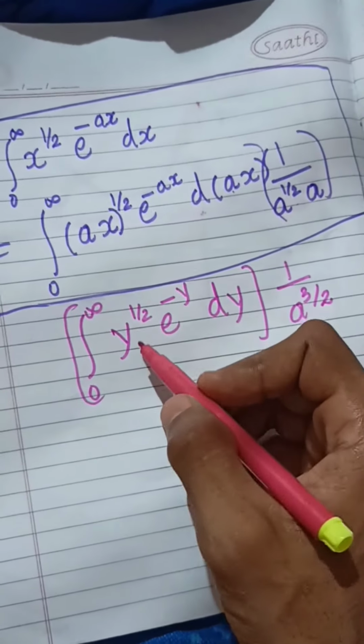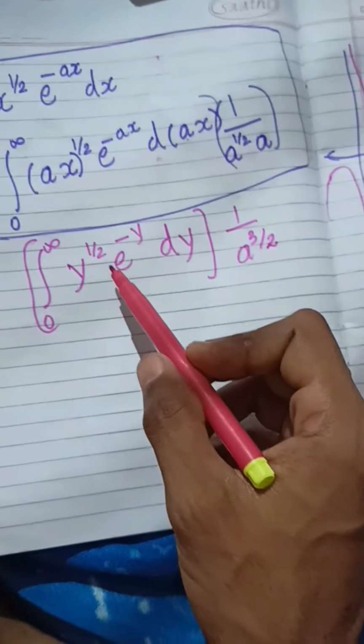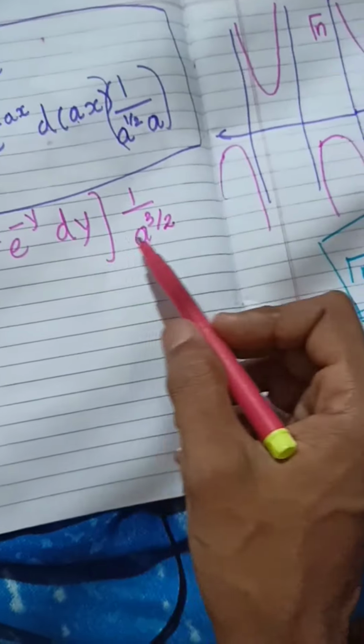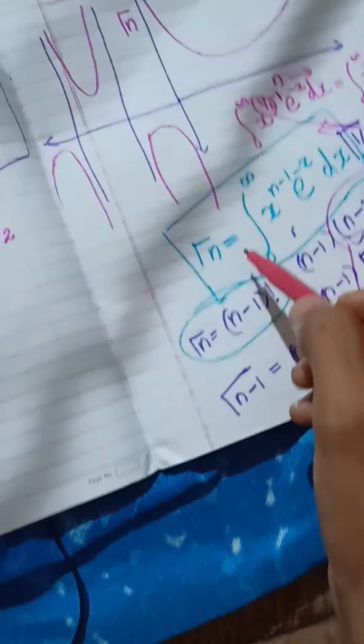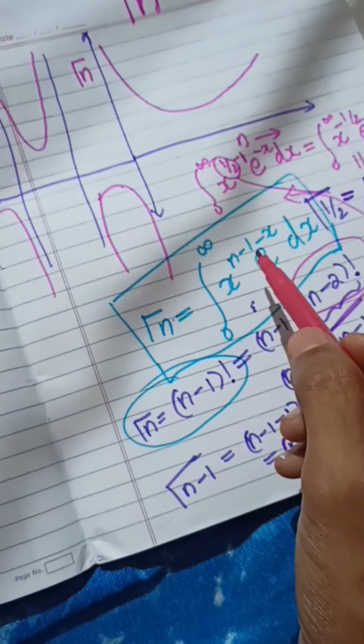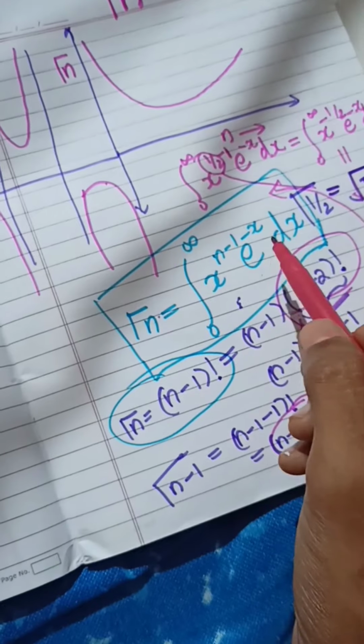So these two expressions are the same: the integral from 0 to infinity of y to the power 1/2 e to the power minus y dy, which has the same form as x to the power n minus 1 e to the power minus x dx.